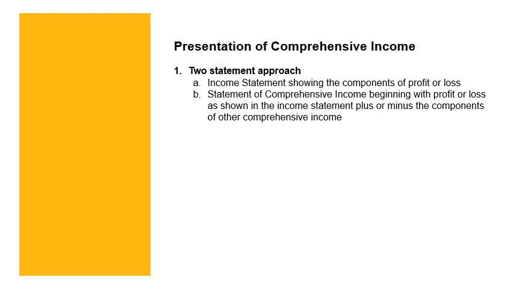Let's say the total income items are 50,000 and the total expense is 30,000. So there is 20,000 net income. When we prepare letter B, the statement of comprehensive income, it starts with the 20,000 net income or profit, then plus or minus the components of OCI or other comprehensive income.